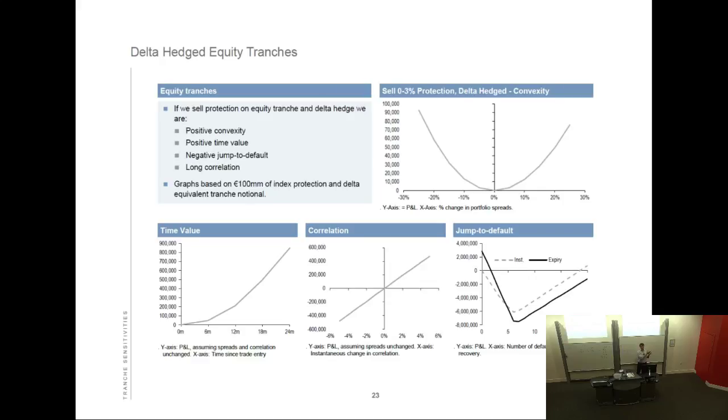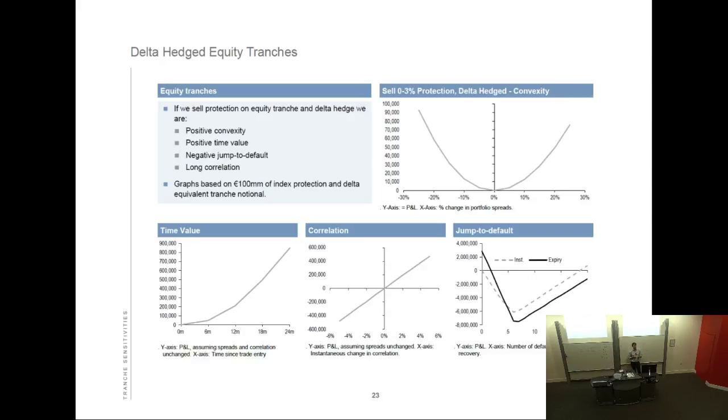But if spreads really widen out a lot, suddenly whether you're holding an equity tranche or an index doesn't really make a difference, because if everything defaults, all of them are equally affected. So your delta goes down as spreads widen towards 1. So as a result, if spreads widen, delta goes down, you buy protection low, spreads come back, you sell protection high. You're buying low, selling high, you're actually making money. That's what we call positive convexity.